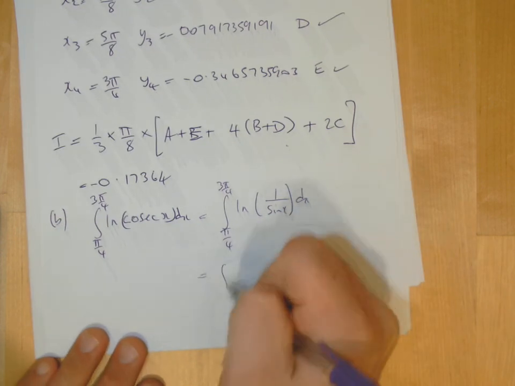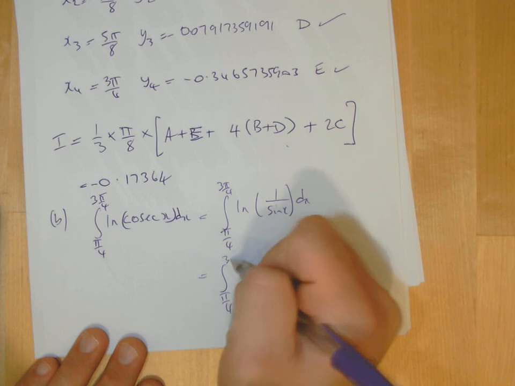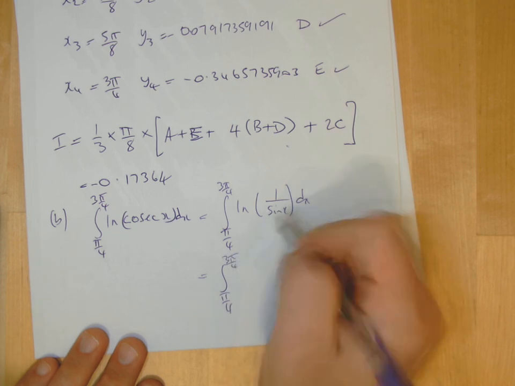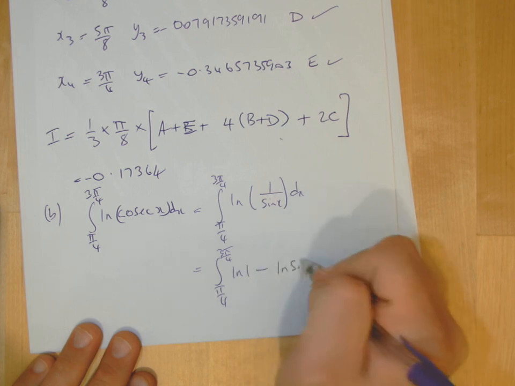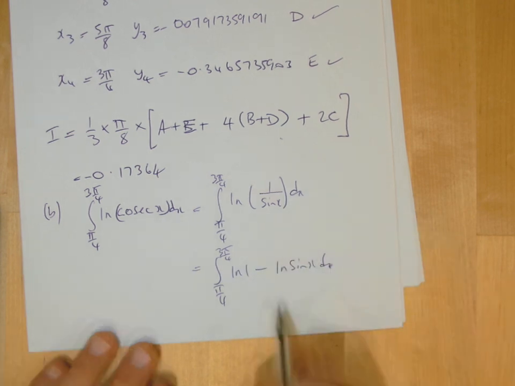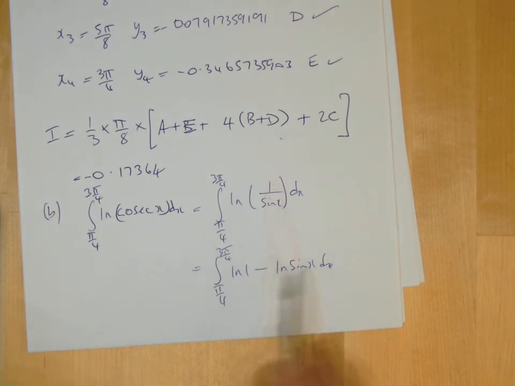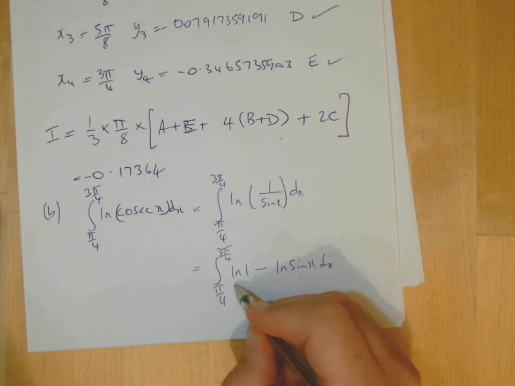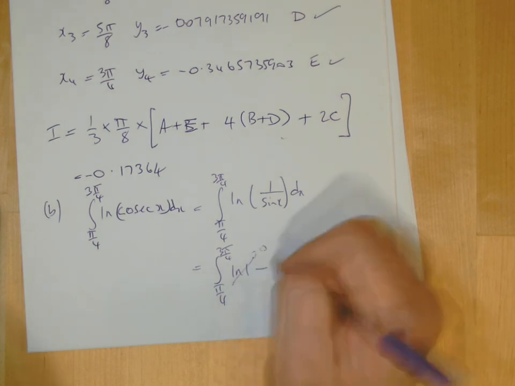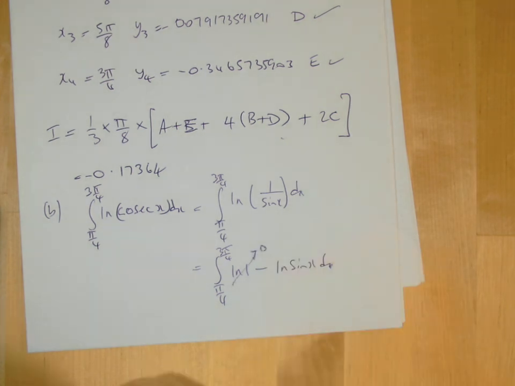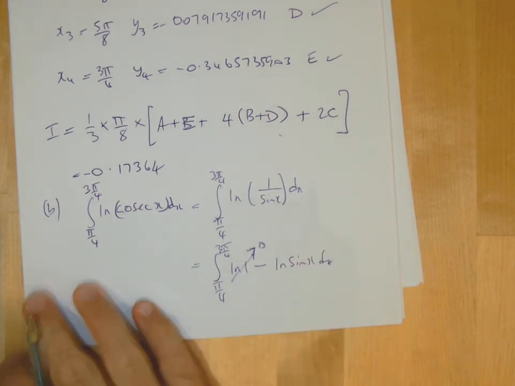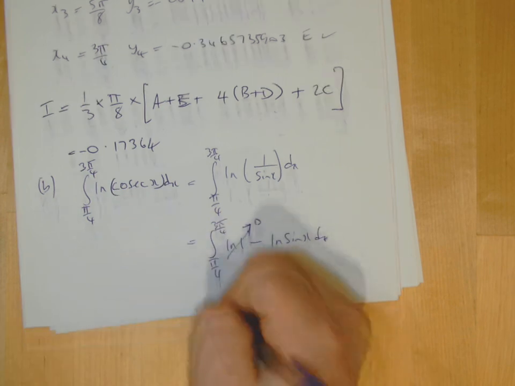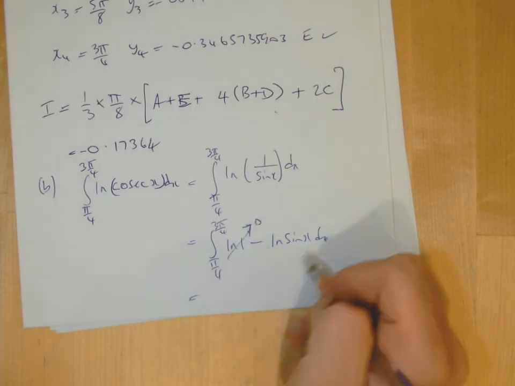And using the rules of logs, we can split this up. When you're dividing, write that as ln 1, take away ln sine x dx. We haven't integrated yet, but we can split that up, so you end up taking the logs away. Now ln 1 is just 0. You put it on your calculator, but ln 1 is 0. So integrate 0, it's just 0, it doesn't exist anymore, so we end up with the integral of minus ln sine x.